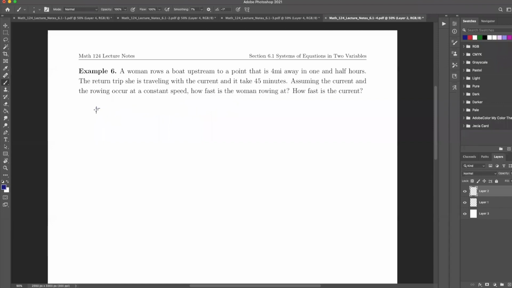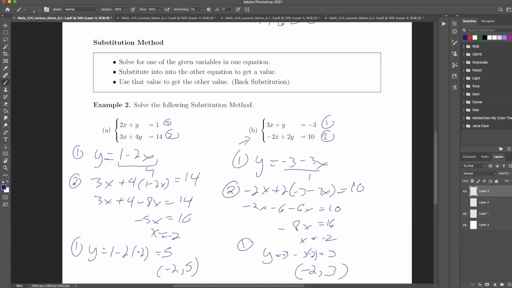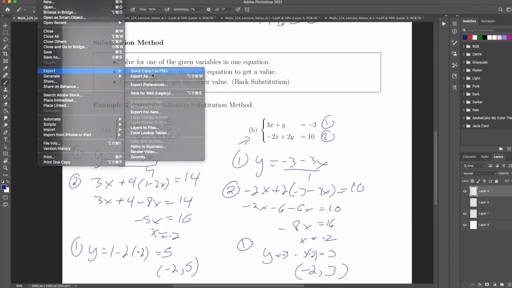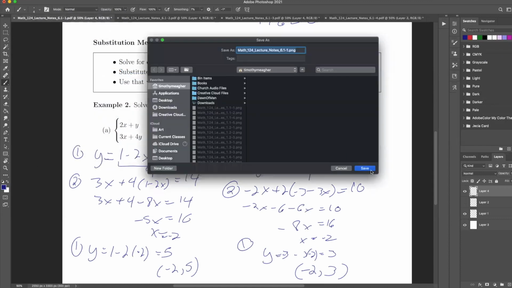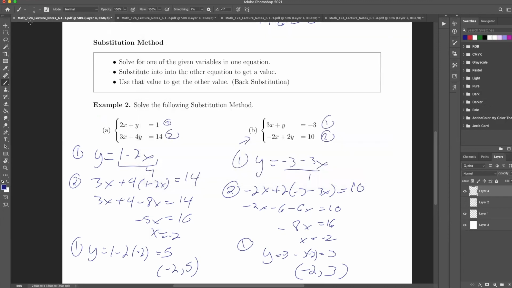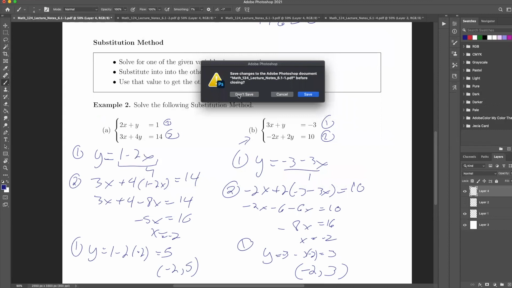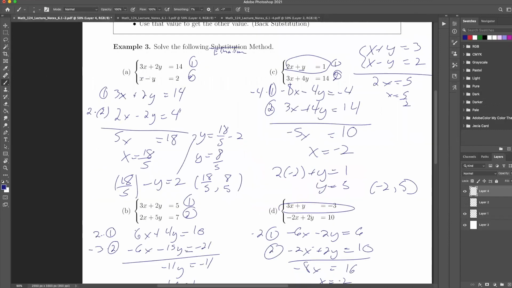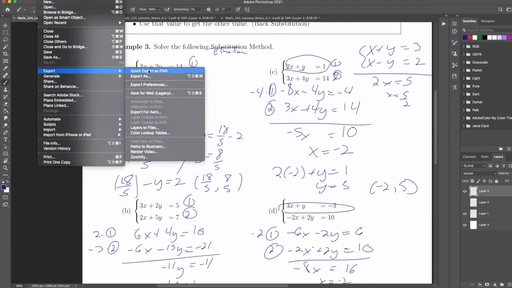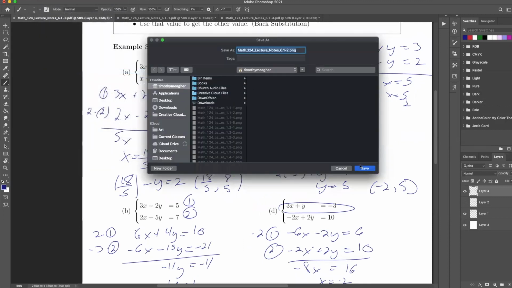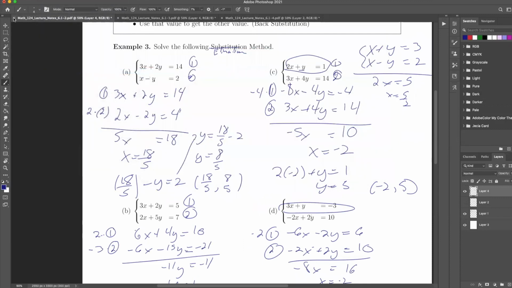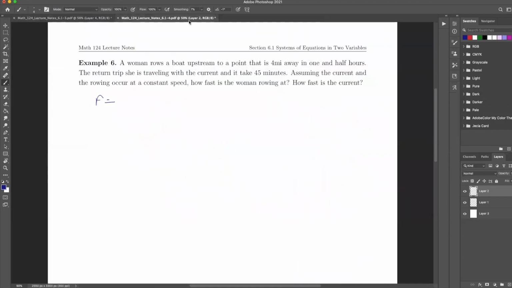No, you're still super crunchy. Hold on, let me save this file, export as PNG, so I can have copies for later. Sorry, I'm trying to make it less crunchy. There we go.